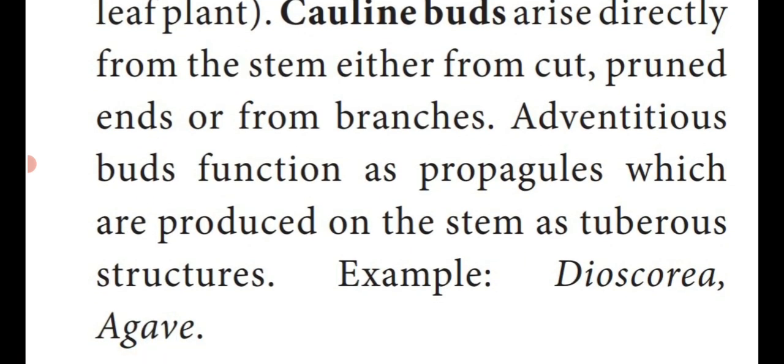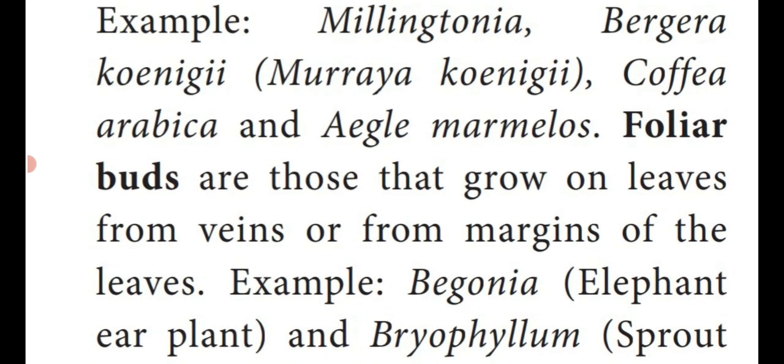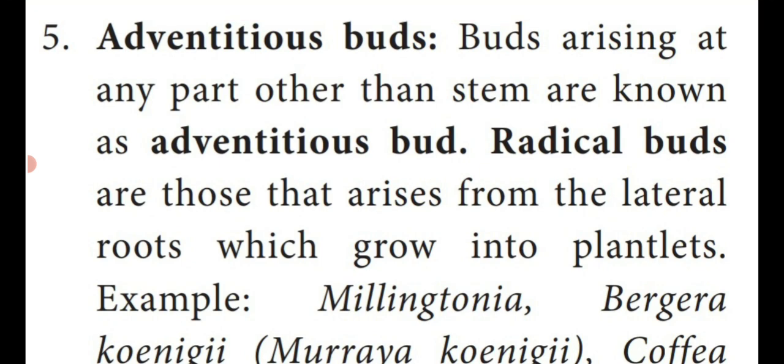Dear students, up to this we have seen what a bud is, two different types of bud based on the origin, and two types of bud based on the function. Then we have seen different types of bud: terminal, axillary, accessory, extra axillary, then adventitious bud.